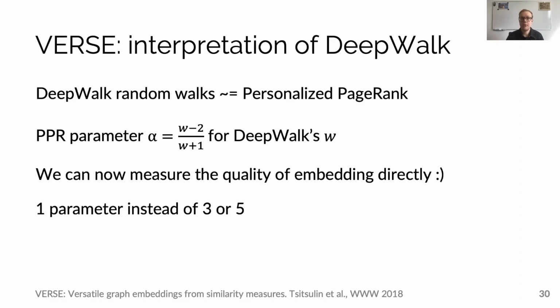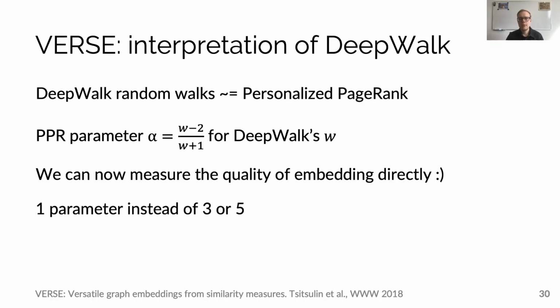For example, for DeepWalk's window size W, for large enough gamma and T, we can show that the alpha of PageRank equals (W minus 2) divided by (W plus 1). And surprisingly, it's actually 0.83, I think, for default W equals 10, which is precisely the PageRank alpha value that was used in the seminal paper by Larry Page and Sergey Brin about the normal PageRank.